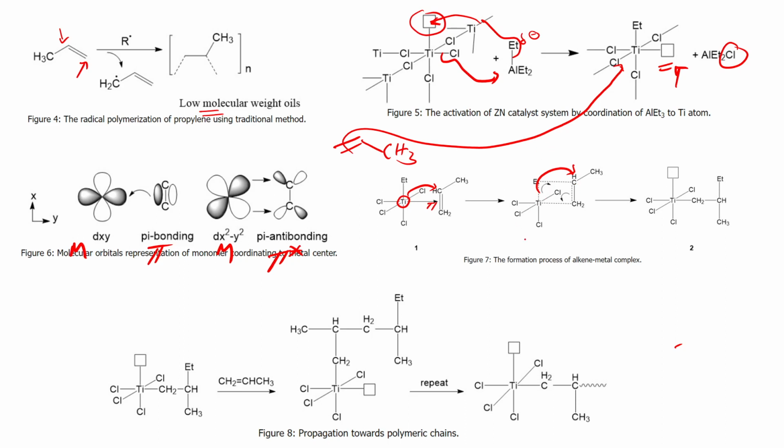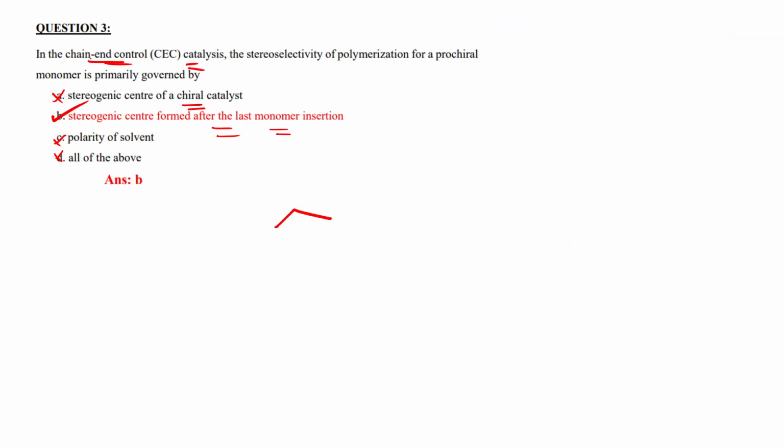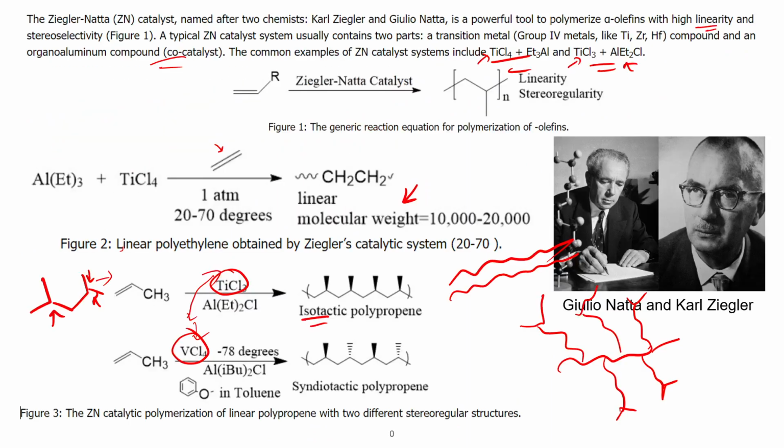So there are two advantages. That's why this titanium unit is selectively attaching to your terminal center. So that's why we are calling it chain end control.